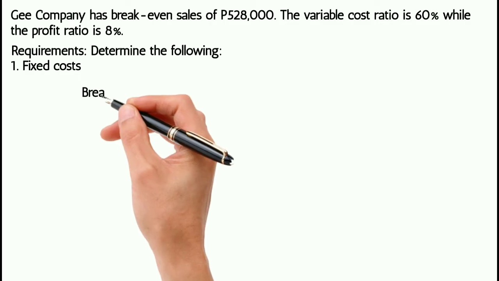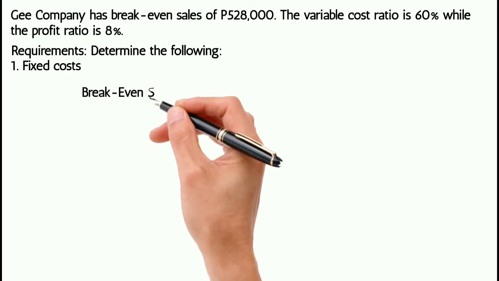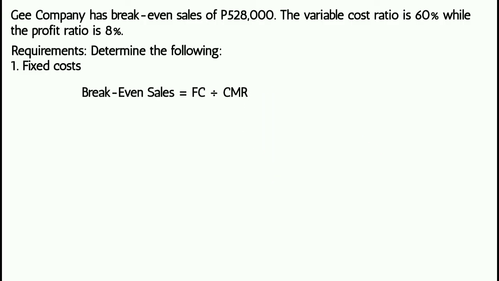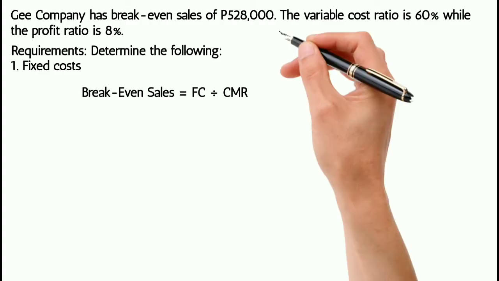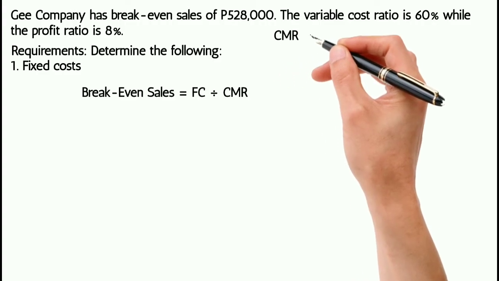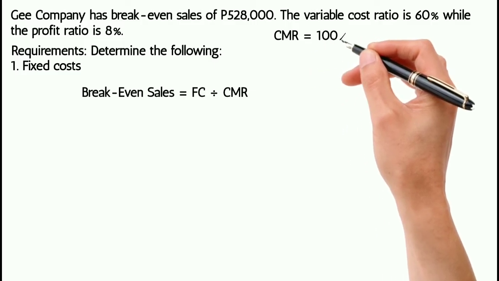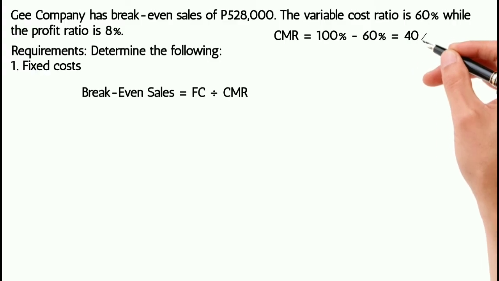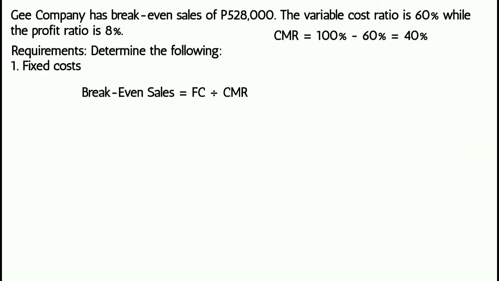Ang formula ay break-even sales is equal to fixed costs divided by contribution margin ratio. Since ang variable cost ratio ay 60%, automatic na ang contribution margin ratio ay 40%. That is 100% na sales ratio minus 60% na variable cost ratio.